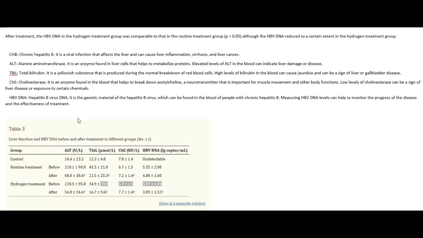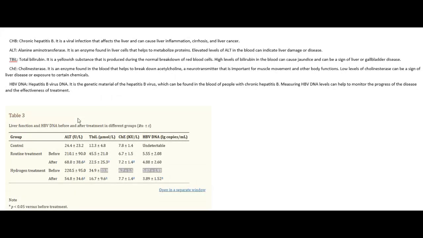But anyways, okay. Here there is a chart with the alanine aminotransferase. It's an amino acid found in the liver cells that helps metabolize proteins. Elevated levels of alanine aminotransferase in the blood can indicate liver damage or disease.